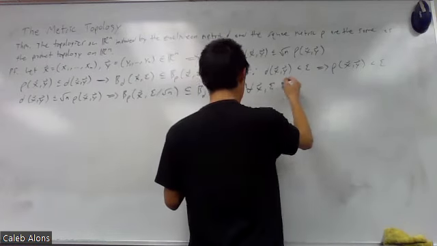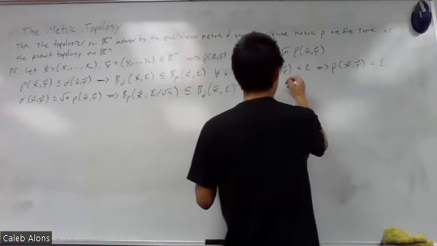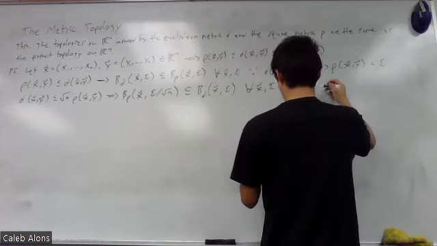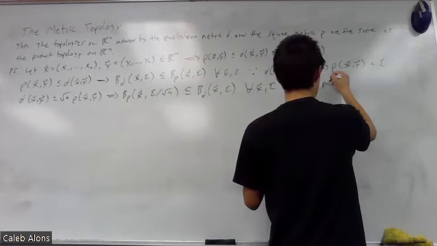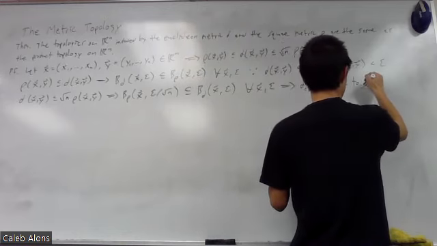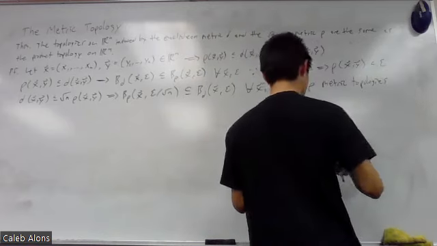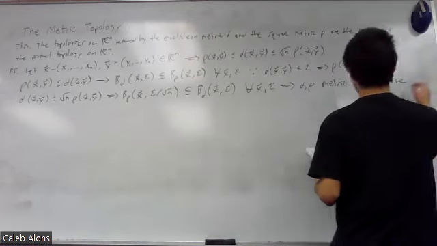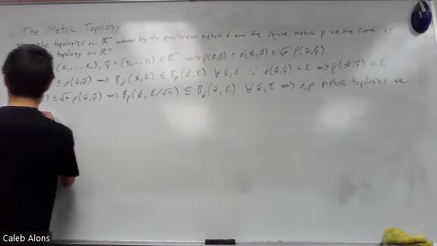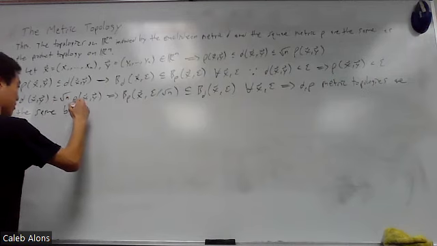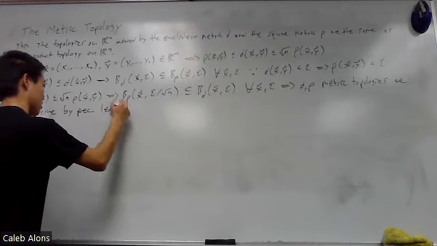Again, for all x and epsilon, and this is giving that the d and rho metric topologies are the same by the preceding lemma.